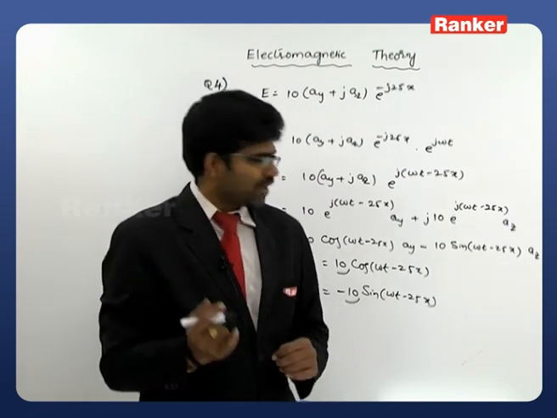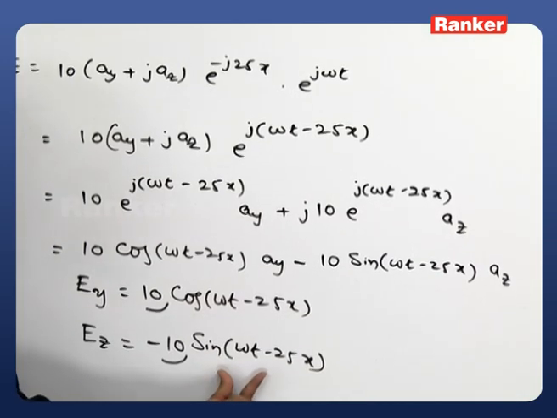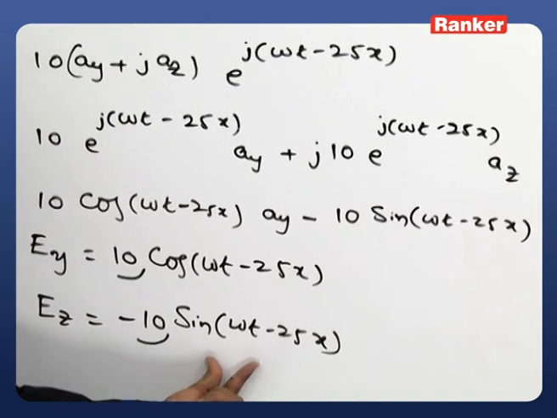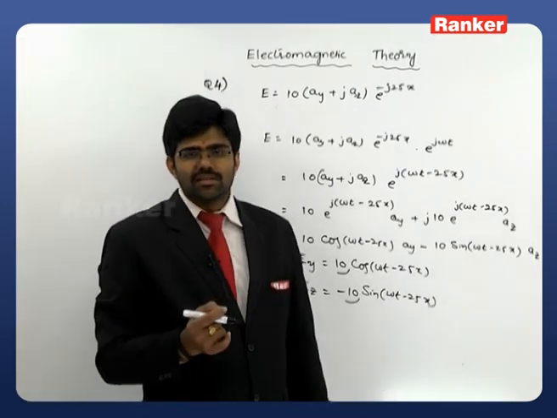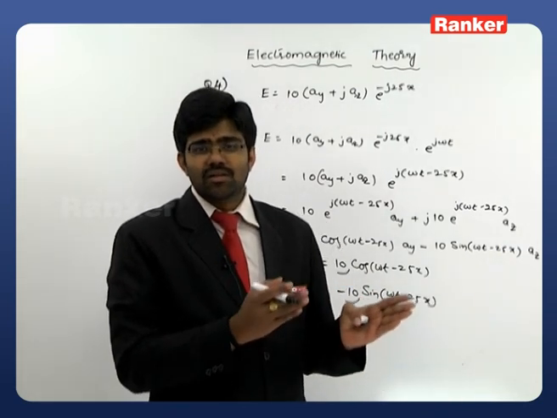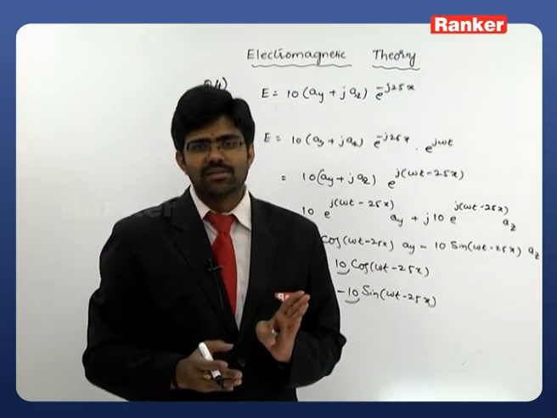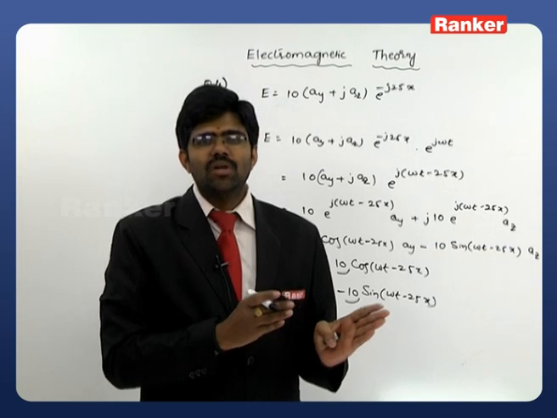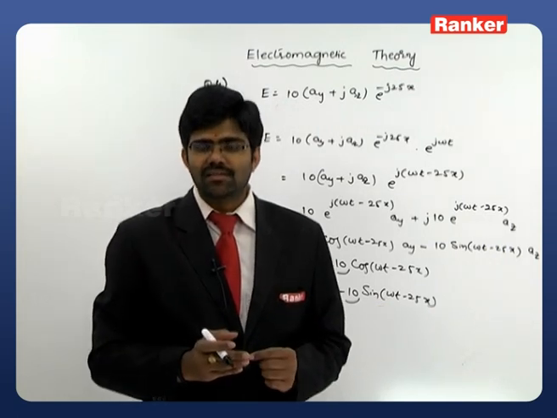Next, go for the phase difference between these two. Here we have a cos term, and here we have a sine term. Since we have exactly pi by 2 phase difference, a conclusion can be taken like this: the y component and z component of our electric field have the same amplitude and pi by 2 phase difference. Since we have same amplitude and pi by 2 phase difference, clearly we can say that it is a circularly polarized signal.